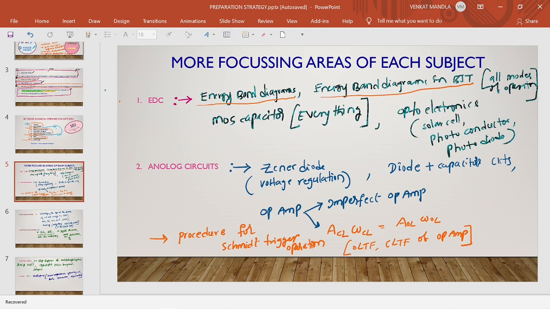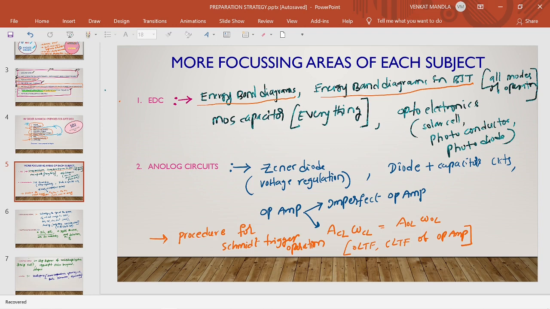For all these modes of operation, you have to draw energy band diagrams, and not only that, you have to draw the minority carrier concentrations, and how they vary in the emitter, base and collector.